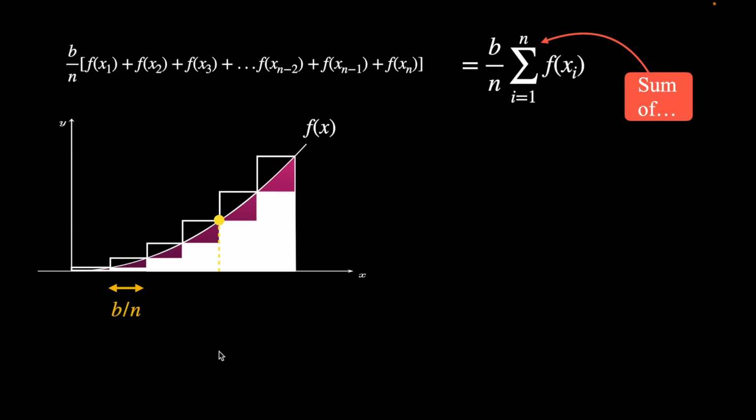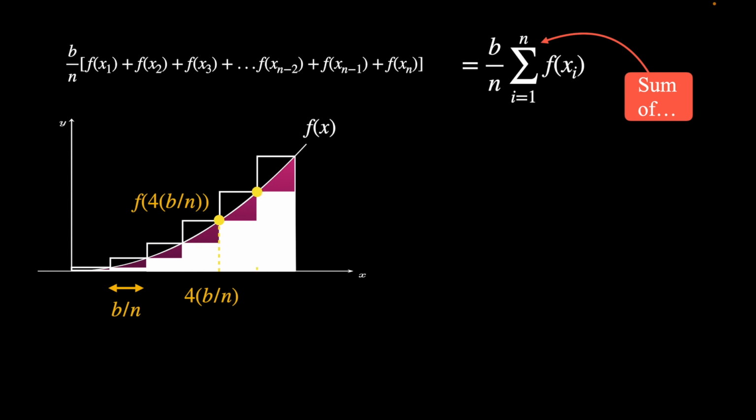So we go from 1, 2, 3, 4 up to the height of the fourth rectangle. What would this point on the x-axis be? If we have gone along the x-axis 4 partitions and each width is b over n, then that x-coordinate will be 4 times b over n. And that height will be f of x, in other words, f of 4 times b over n.